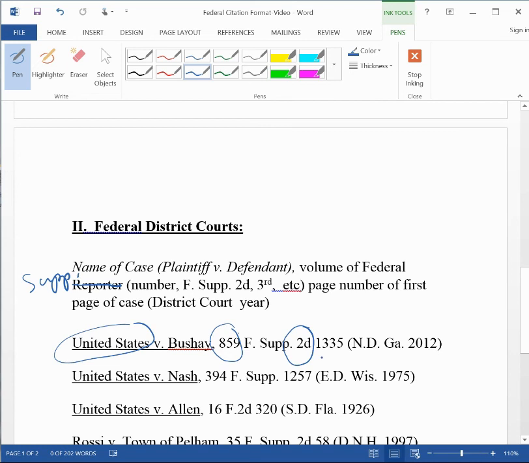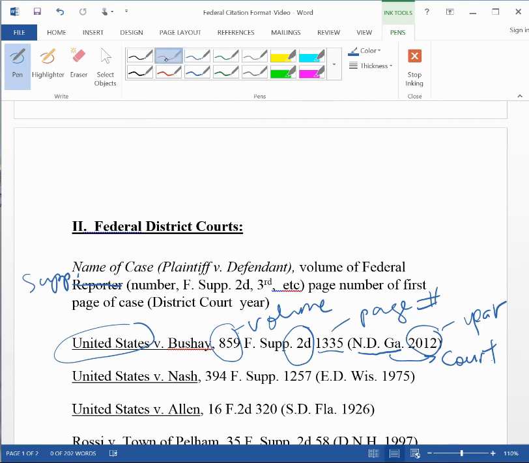So F sup second, 1335 is the page number of the first page. And then we have the court. The court is the Northern District of Georgia, and the year is 2012. So we have the volume, we have the source, the page number, the court, and the year.